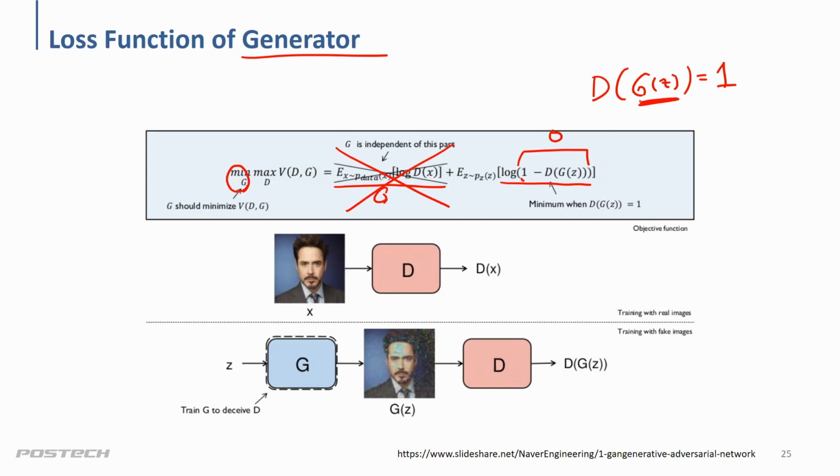So this is fake, but I want the discriminator to think it's a real one. So it's a minimax problem. For the discriminator, I want to maximize the loss function, and for the generator, I want to minimize it.